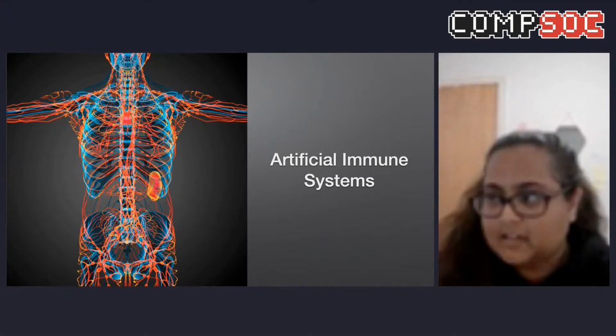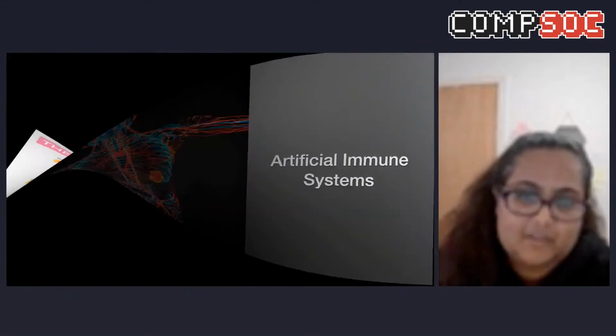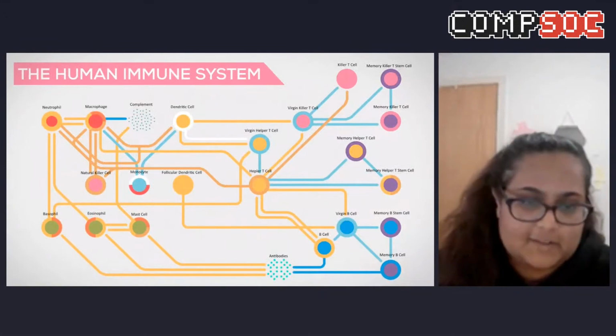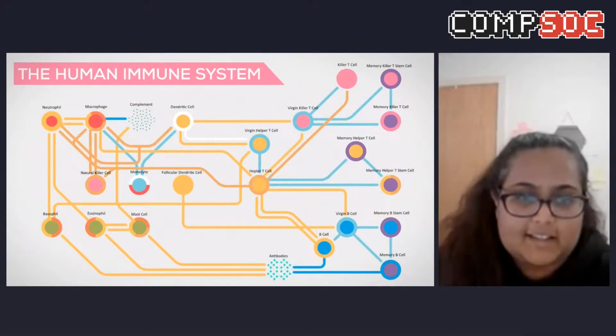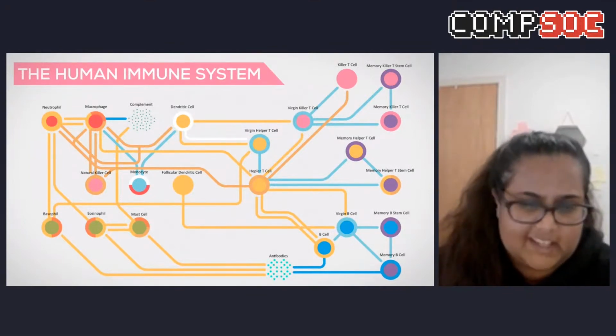Now, I could go into more detail about the immune system and possible adaptations, but I have a feeling I'm running out of time and that's not as relevant. So basically, you can see the immune system as a network where the receptors are cells and how they trigger one another are the edges between them.